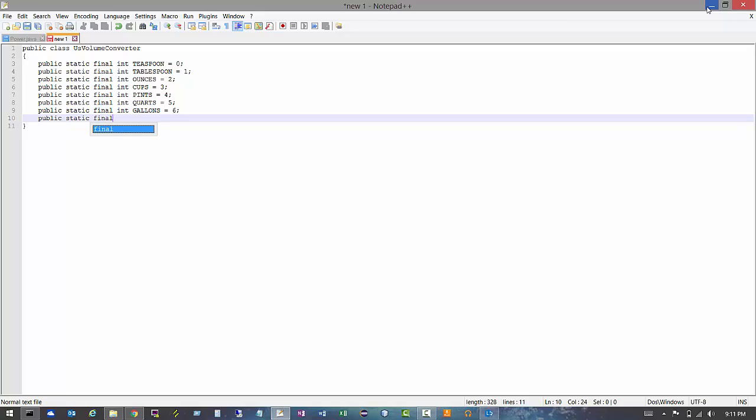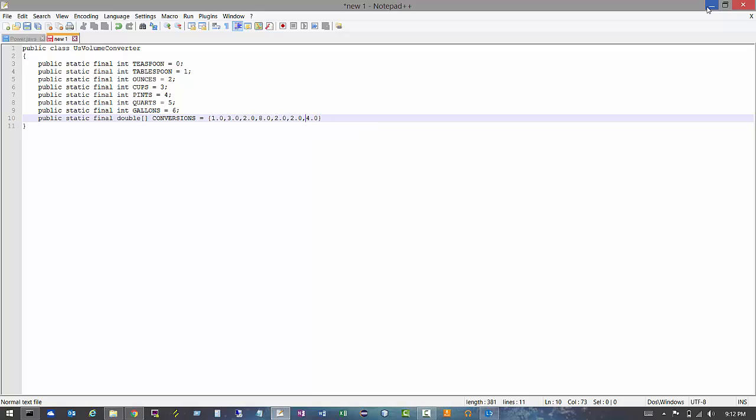Public static final double array conversions equals, and we'll make this a pre-filled array, and this is 1 teaspoon makes a teaspoon, 3 teaspoons makes a tablespoon, 2 tablespoons makes an ounce, 8 ounces makes a cup, 2 cups makes a pint, 2 pints makes a quart, and 4 quarts makes a gallon.